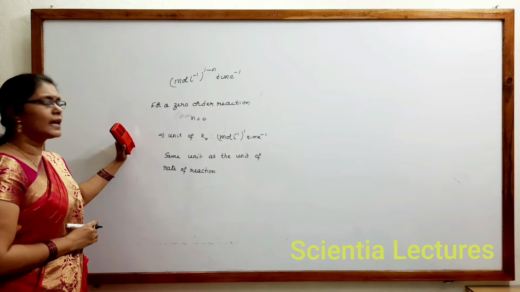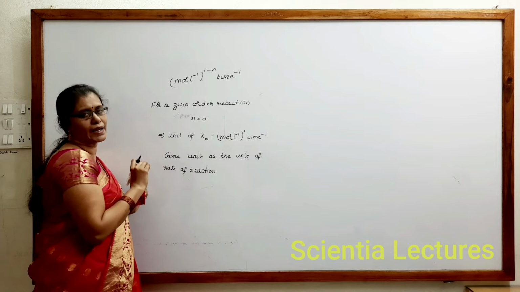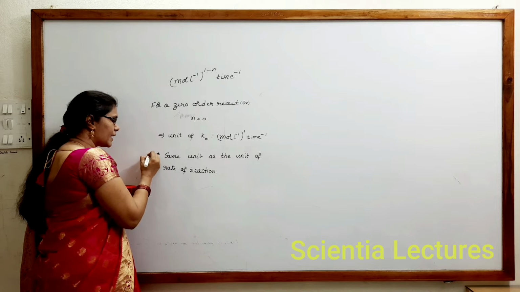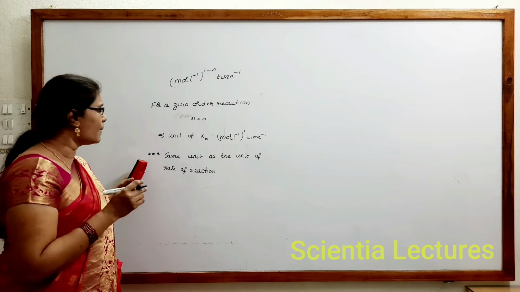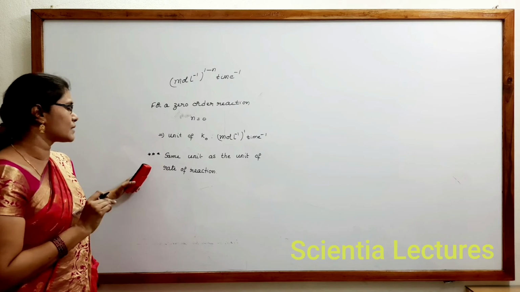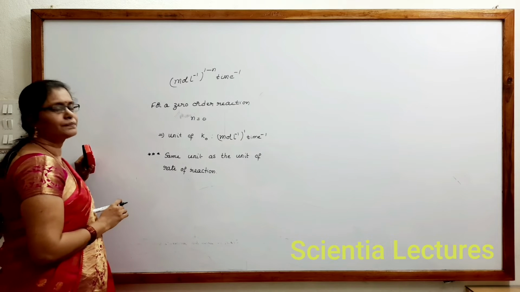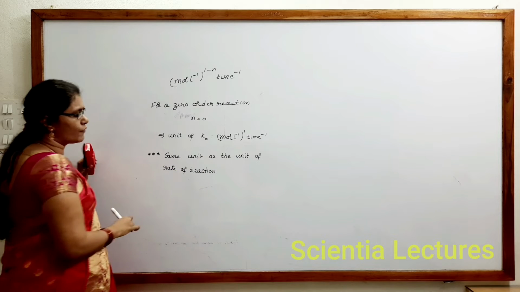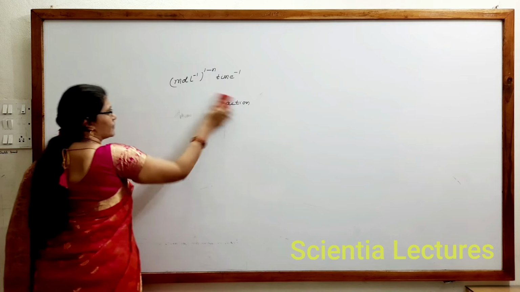The reaction which has the same unit as that of the rate of reaction is a zero order reaction. So remember, only a zero order reaction will have the same unit for the rate constant as the unit of rate of reaction. So if the unit of rate constant is the same as the unit of rate of reaction, it indicates it is a zero order reaction.